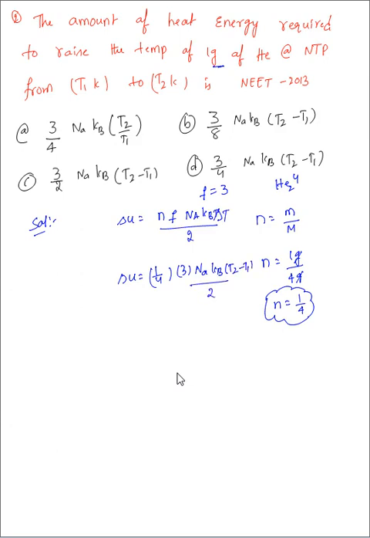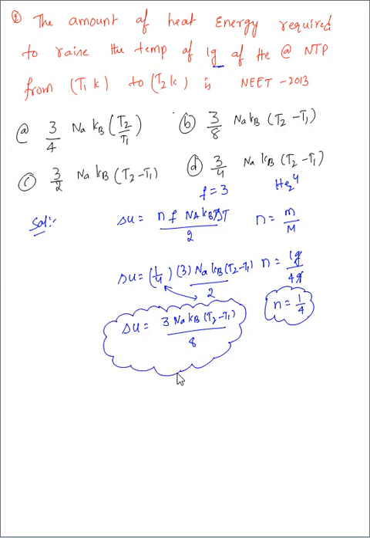Therefore delta U can be written as 3 Na kB (T2 minus T1) divided by 8. Which option is matching? For this question option B is matching exactly, you can observe here.